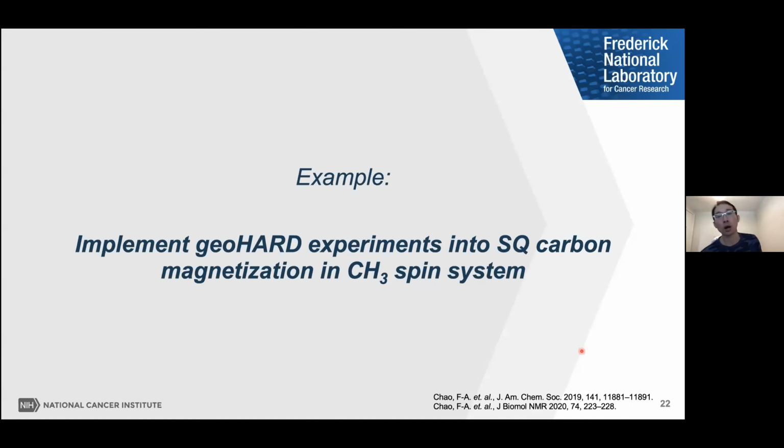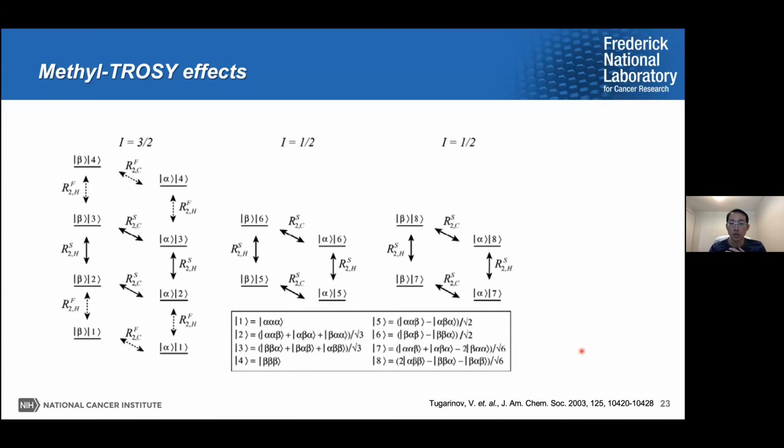So how about implementing this technique in a more complex spin system? Here we want to implement it for the single quantum carbon methyl relaxation in the CH3 spin system. So I will just give you a brief overview of the methyl TROSY effect, which was pioneered by Vitaly Tugarinov as well as Kay.